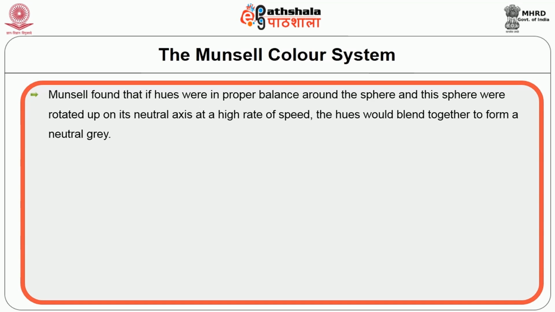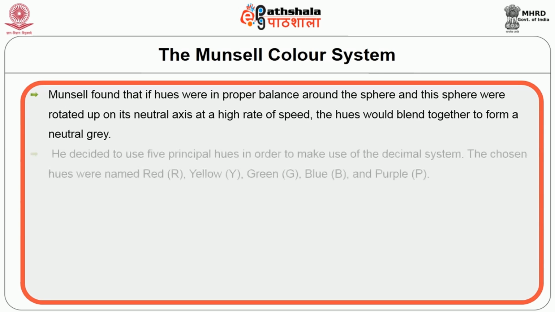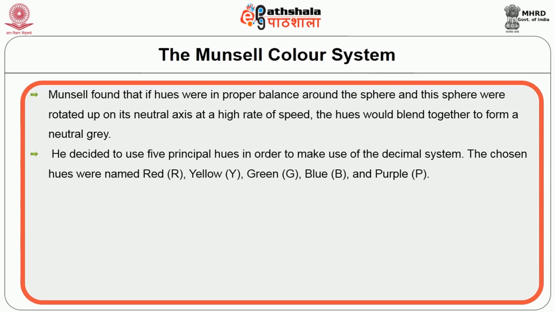Munsell found that if hues were in proper balance around the sphere and this sphere were rotated on its neutral axis at a high rate of speed, the hues would blend together to form a neutral gray. He decided to use 5 principal hues in order to make use of the decimal system. The chosen hues were named red, yellow, green, blue and purple.